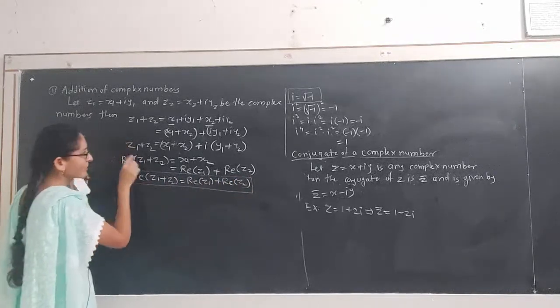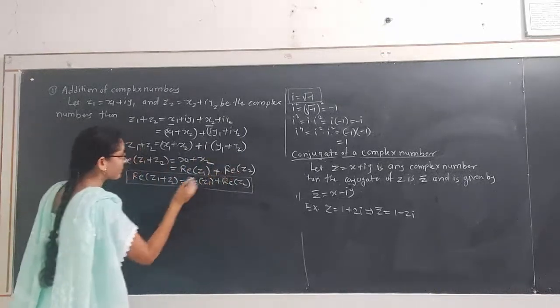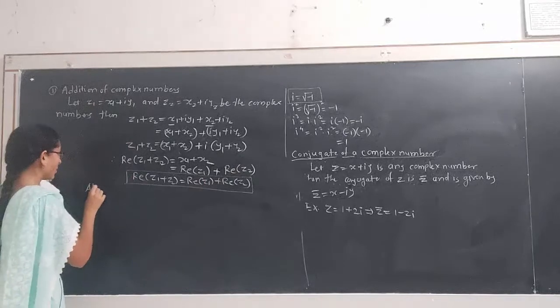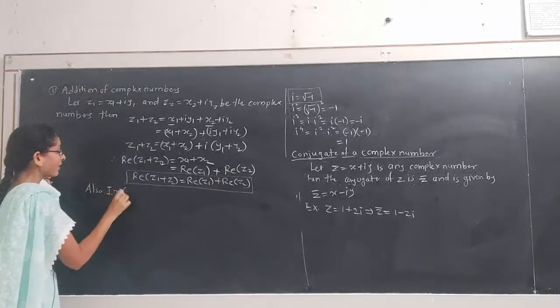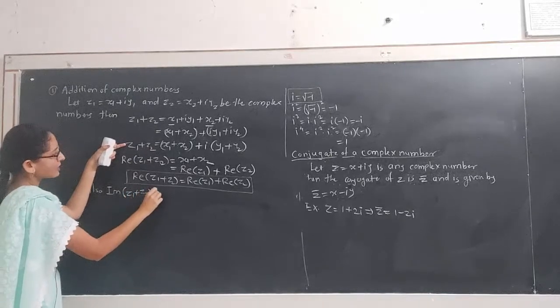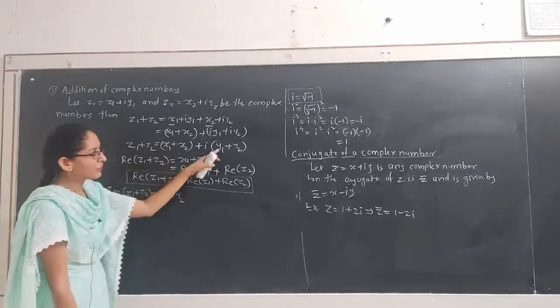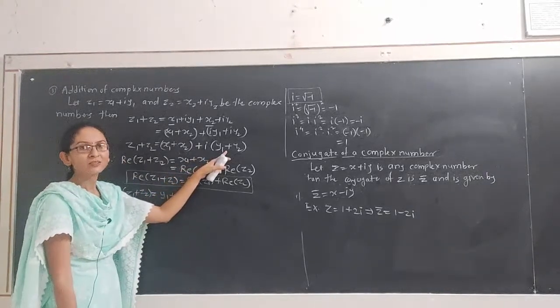And what is the imaginary part of z1 plus z2? The multiple of i, which is y1 plus y2. Also, the imaginary part of the addition of two complex numbers z1 plus z2 is equal to y1 plus y2. We are taking only the multiple of i, not i.